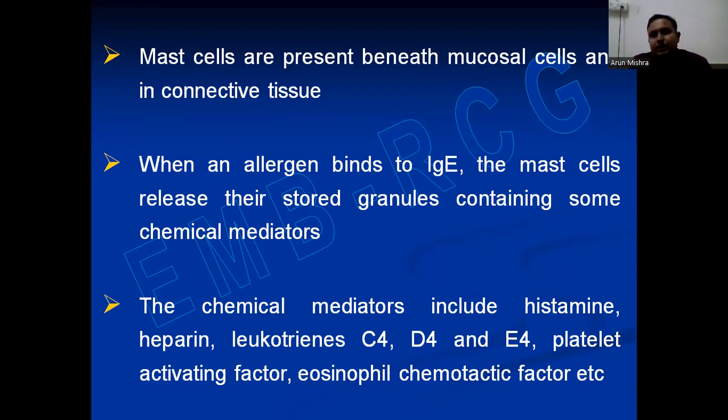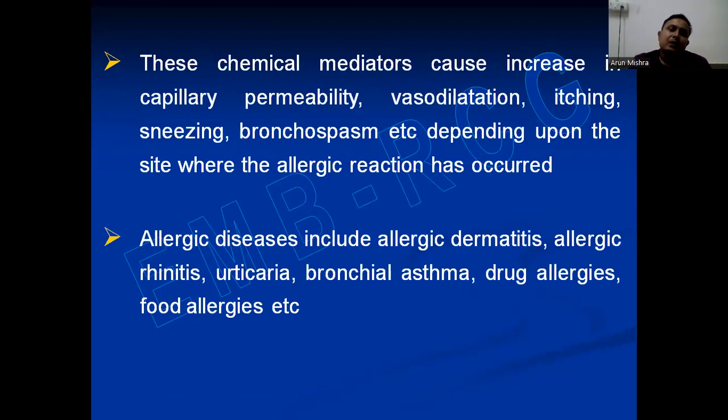The chemical mediators include histamine, heparin, leukotrienes, C4, D4, E4, platelet activating factors, eosinophil chemotactic factors, etc. These chemical mediators cause increased capillary permeability, vasodilation, itching, sneezing, bronchospasm, etc., depending upon the site where the allergic reaction has occurred.